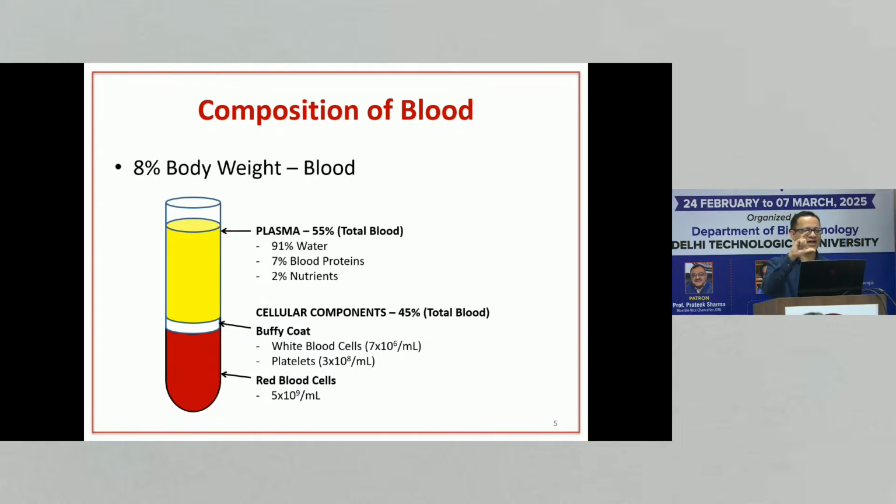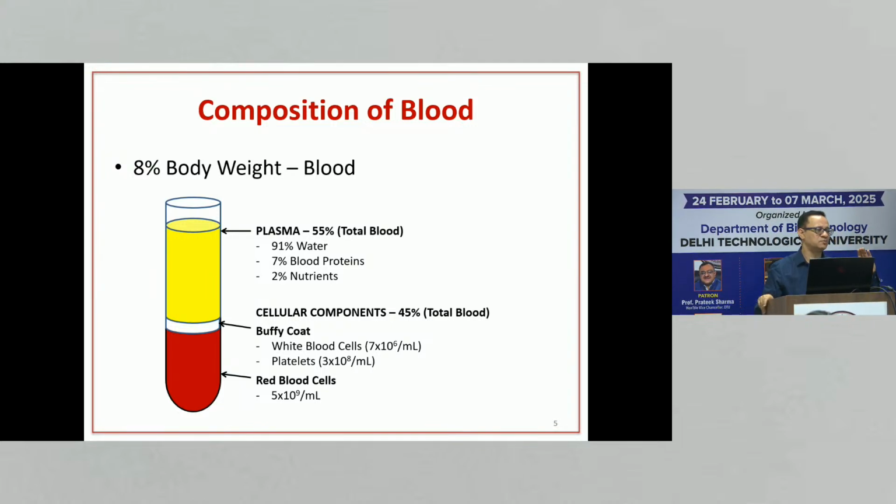So now let's say I had the anticoagulant in the syringe, I draw the blood. Now if you centrifuge blood, it will get separated into different components. Approximately half of it will be red blood cells and white blood cells, and the top, which will look more yellowish in color, will be plasma that has nutrients, water, even some platelets.